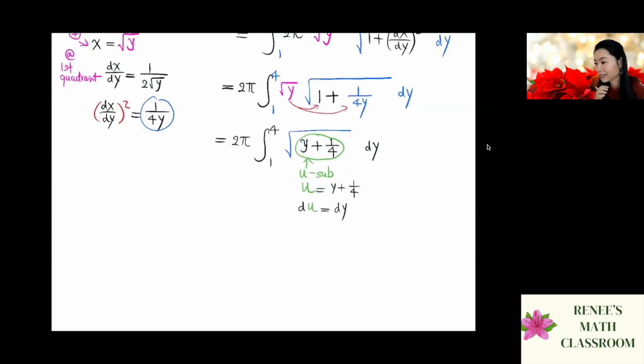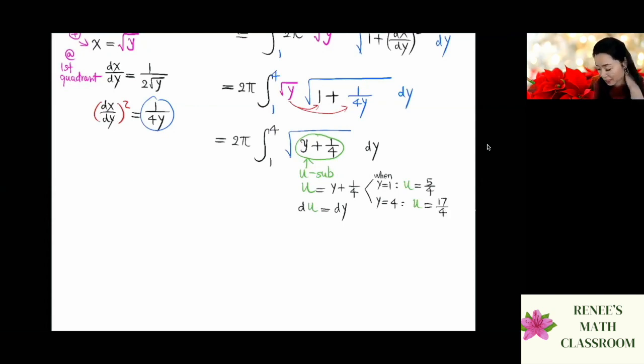Now you need to find the corresponding upper and lower limit for u. So when y equals 1, u is going to be 1 and 1/4. Okay, let's write that as an improper fraction. So it's 5 over 4. When y equals the upper limit 4, u is going to be 4 and 1/4. As an improper fraction, that is going to be 17 over 4.